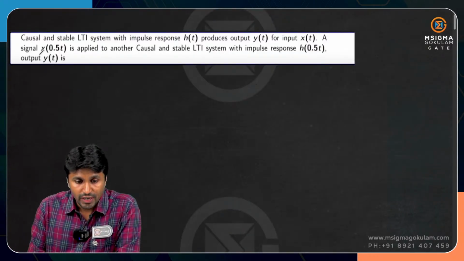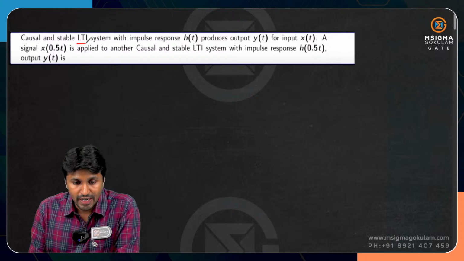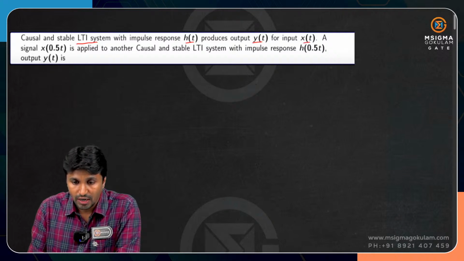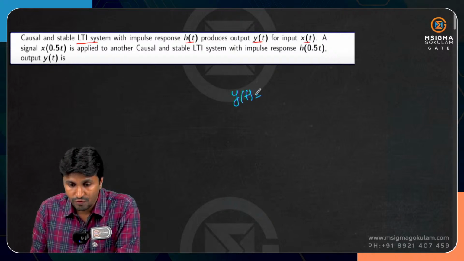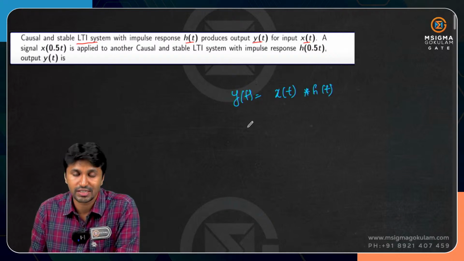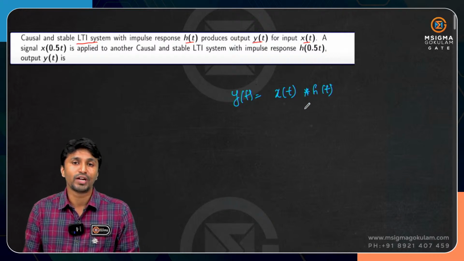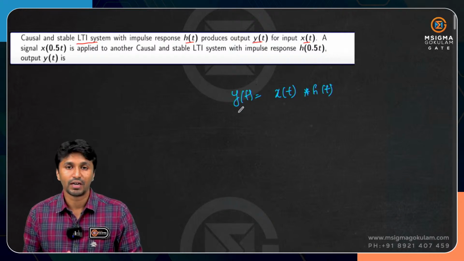Read the question carefully. Causal and stable LTI system with impulse response h of t produces y of t, right, for input x of t. So we know if x of t is the input to a causal LTI system, the convolution of input and the impulse response gives you the output, right?